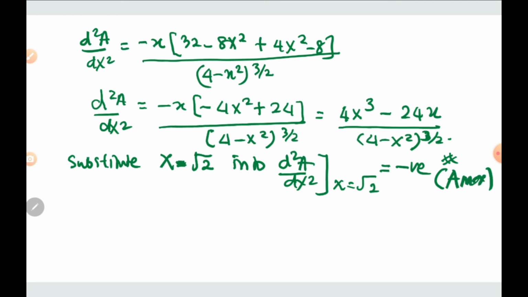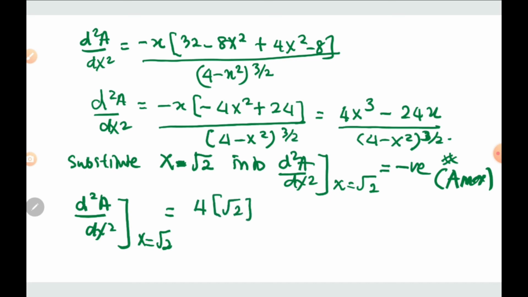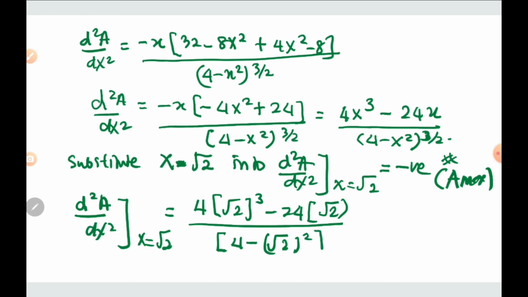Okay, now we will substitute x equal to root 2 into d squared A dx squared, you will get 4 multiply with root 2 cubed minus 24 multiply with root 2, over (4 minus root 2 squared) to the power of 3 over 2.